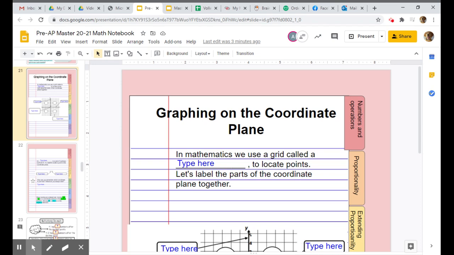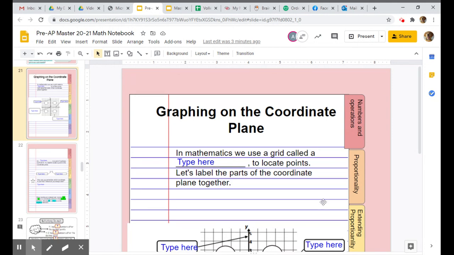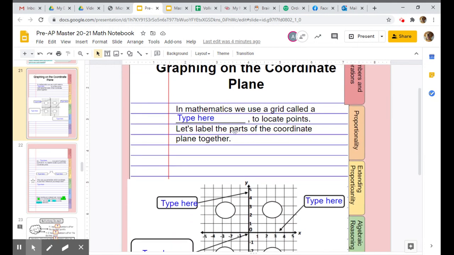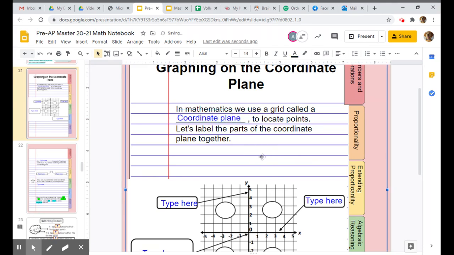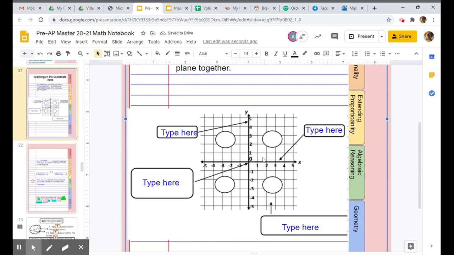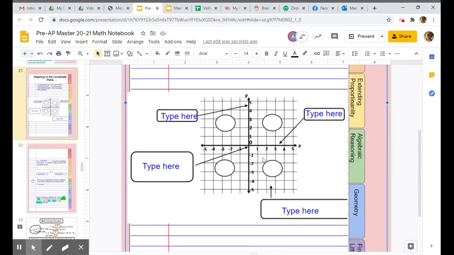All right, today we will be talking about graphing on the coordinate plane. So in mathematics, we use a grid that is called a coordinate plane to locate points. Right down here we have a coordinate plane that we are going to label together.